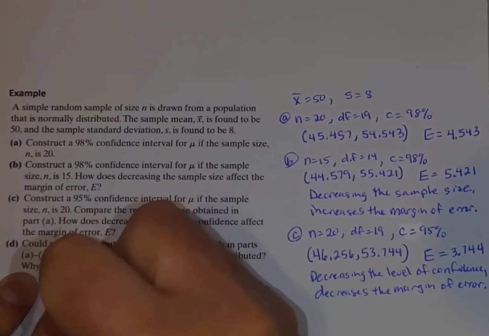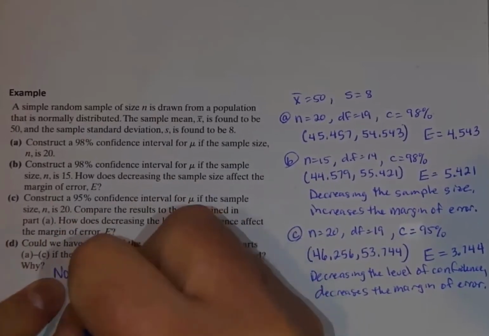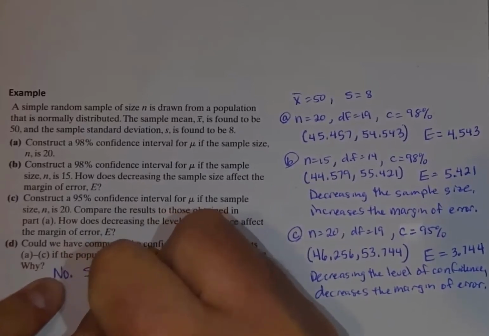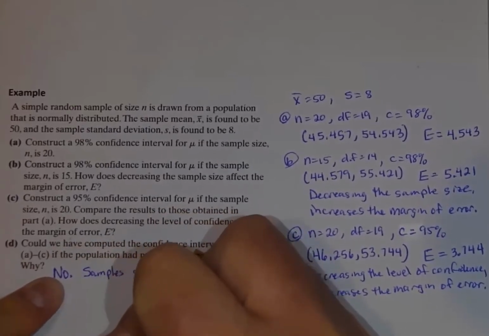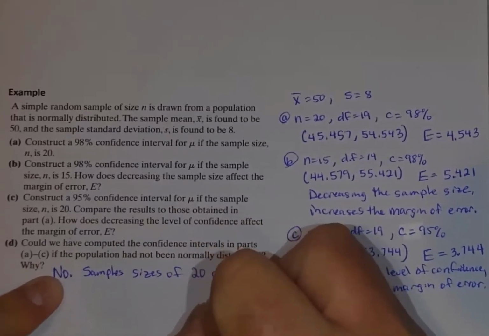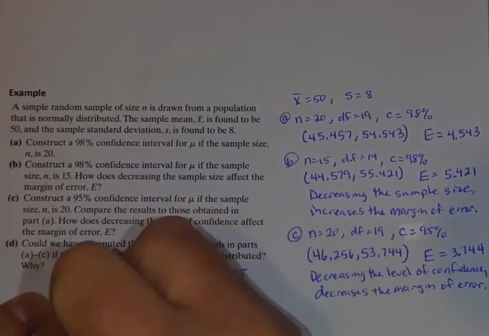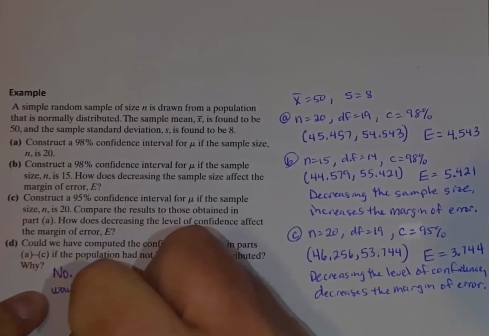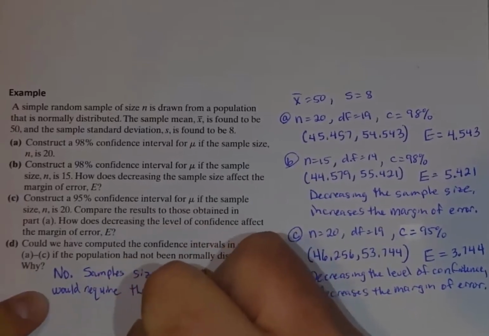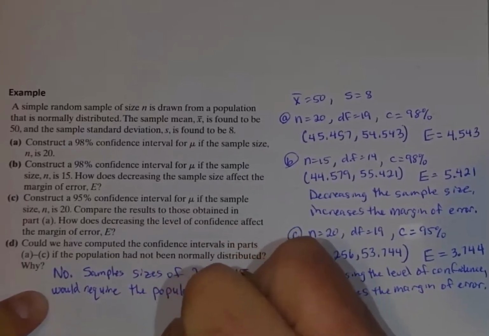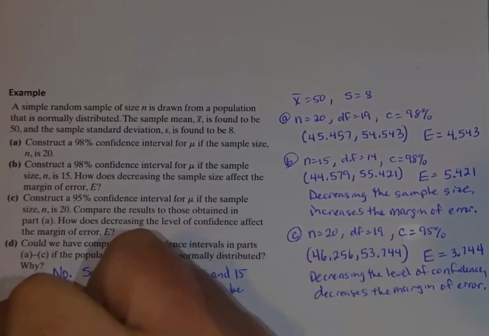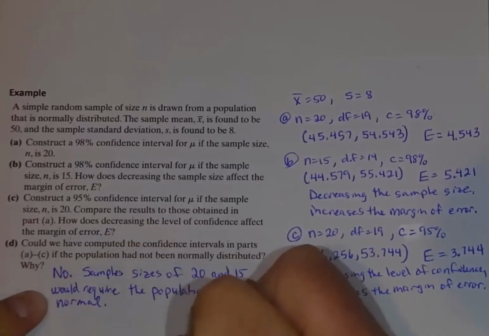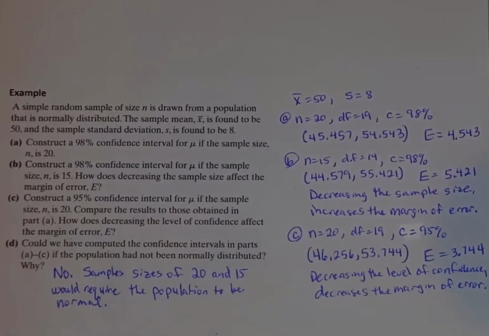So the answer would be no. Sample sizes of 20 and 15 would require the population to be normal. Otherwise, we would have to have a sample size of 30 or bigger for the central limit theorem to kick in to be able to use the t-distribution.